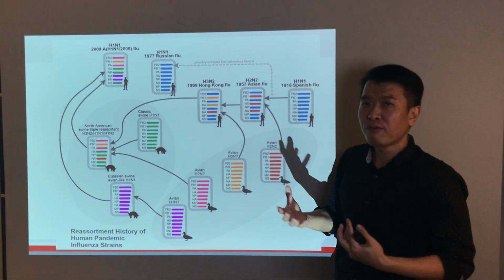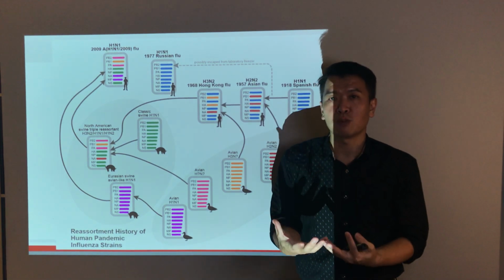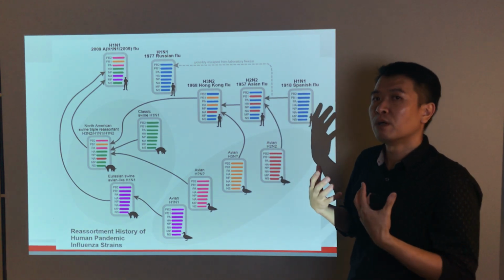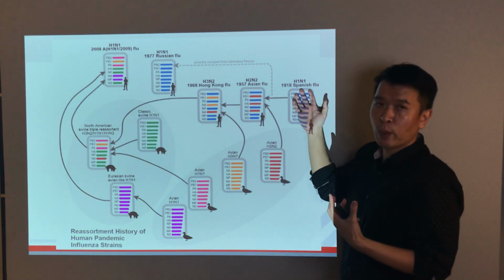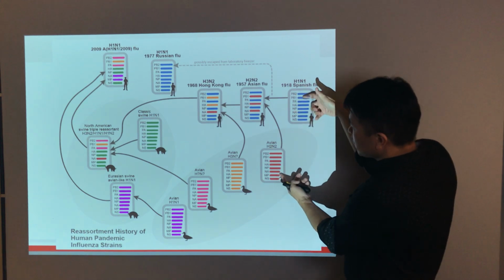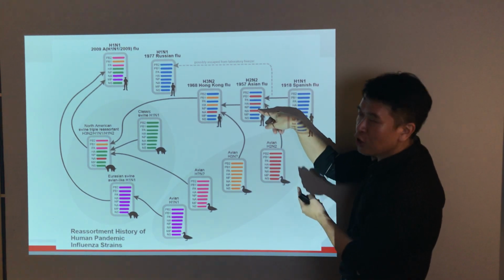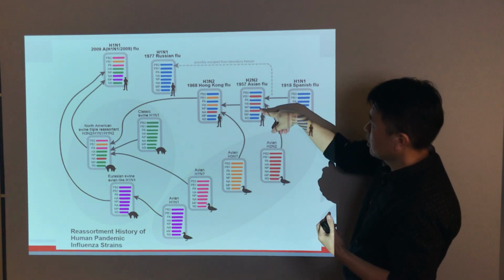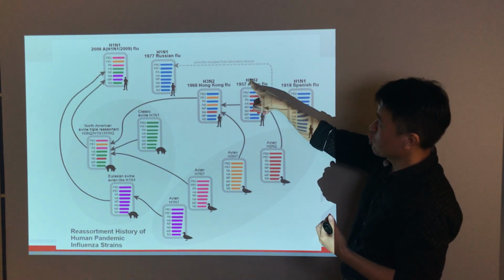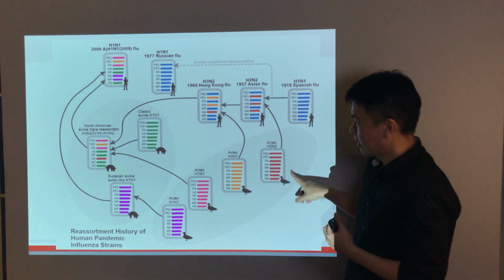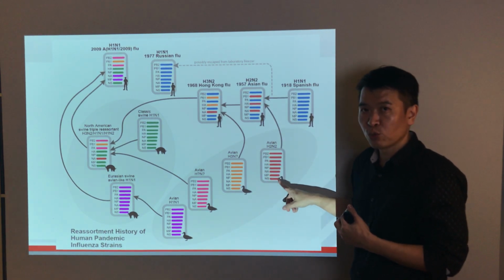Okay, so let's say for example someone who has been exposed to H1N1, so the body will develop immunity against H1N1. However, due to the reassortment, they changed the surface antigen from H1N1 to H2N2, and this H2N2 comes from an avian H2N2.